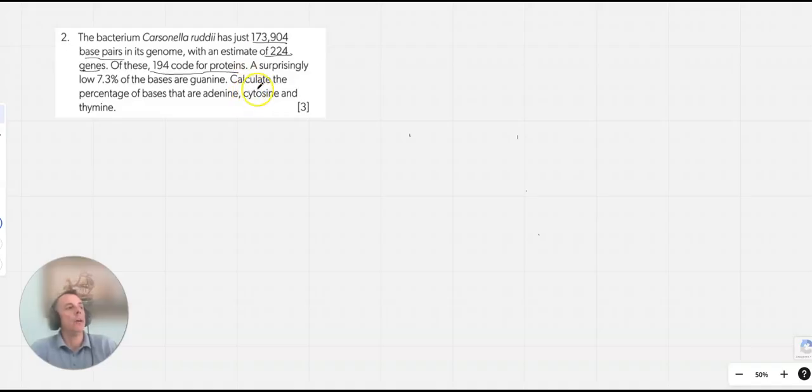We are asked to calculate the percentage of bases that are adenine, cytosine, and thymine, and we are also given the percentage of the bases that are guanine. You can ignore all this part of the question with unnecessary information.